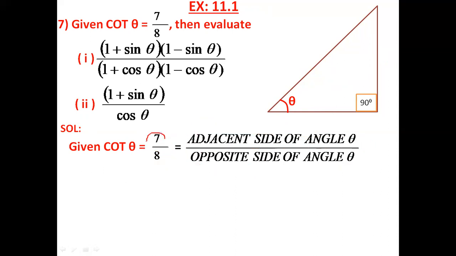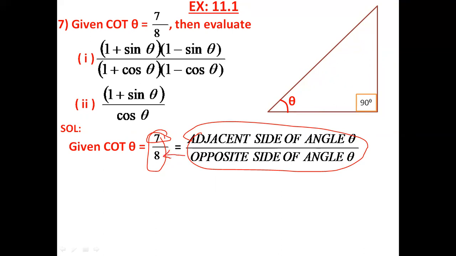You compare these two ratios. In the numerator, 7 is equal to the adjacent side, and the opposite side is equal to 8. So in this problem, what is the opposite side?